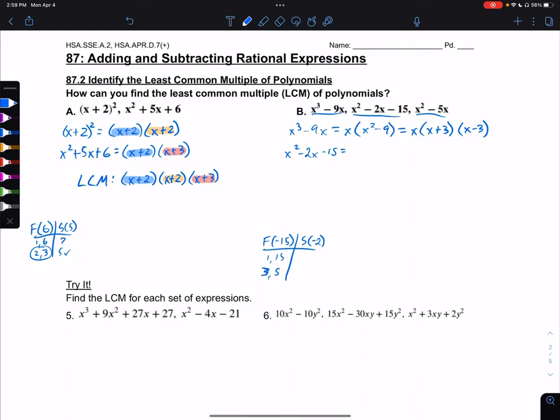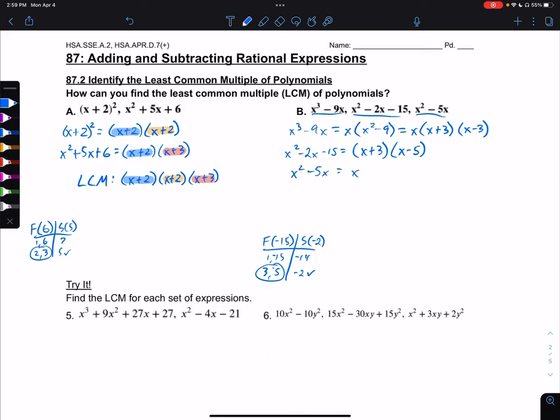That's a 3. Let's fix that. One of these is going to need to be negative. So let's make the larger numbers negative. The second group works. So this would factor into (x + 3) times (x - 5). And then finally, I have x squared minus 5x.